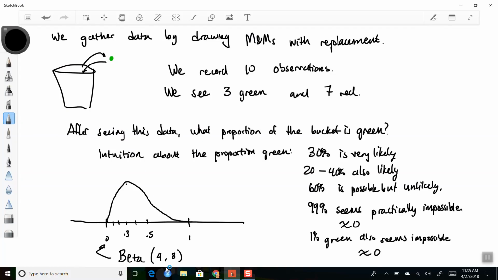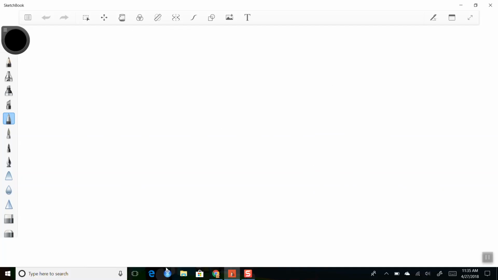Is that okay? And then, let's say after this happened, you become obsessed with this game, and you say, I want to see 1,000 observations drawn from the bucket, okay? So now we draw 1,000 M&Ms with replacement from the bucket.